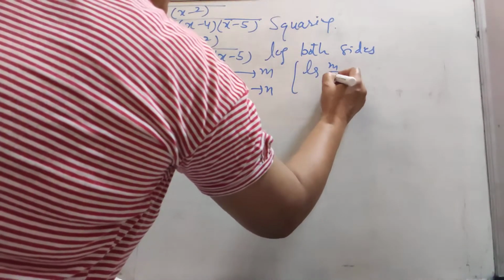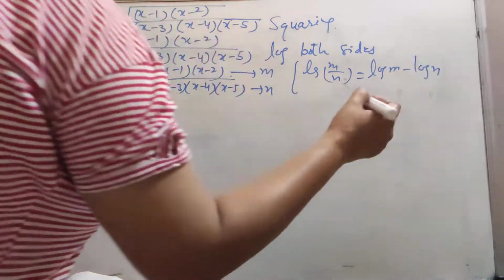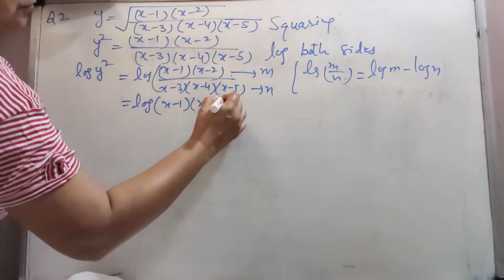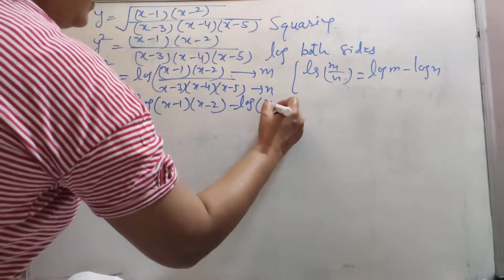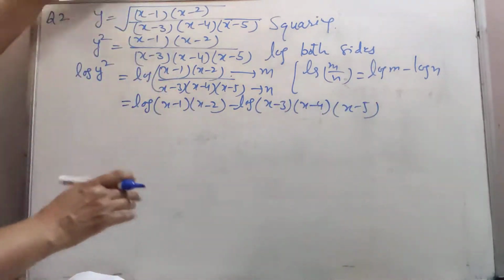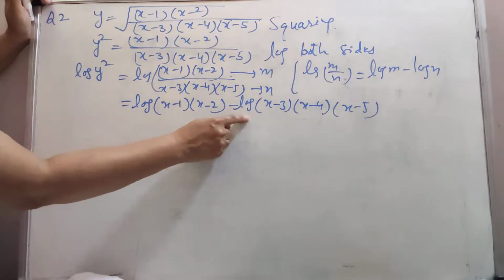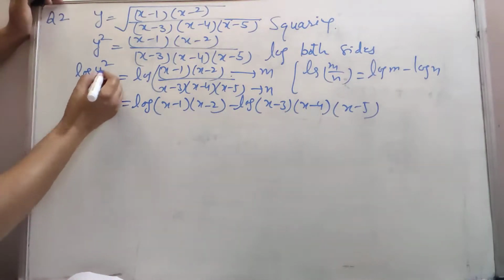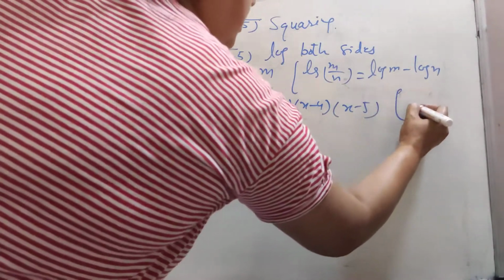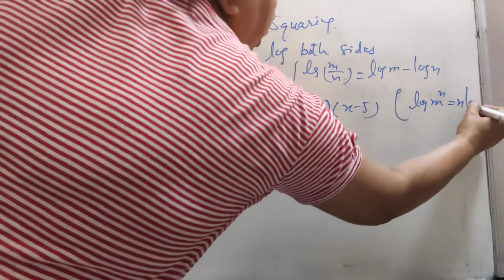Log of m over n is log of m minus log of n. So this is log of x minus 1, x minus 2, minus log of x minus 3, x minus 4 and x minus 5. So whole this is m, this is n, so log of m minus log of n. So 2 will come this side, 2 log y. Why? Because log of m raised to power n is equal to n into log of m.